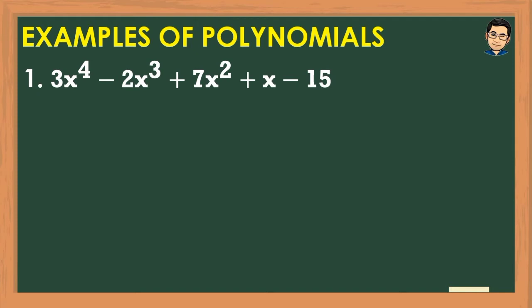Let's identify the leading term. The leading term is the term at the front, which for this polynomial is 3x to the 4th power. Since the leading term is 3x to the 4th power, the leading coefficient is 3.